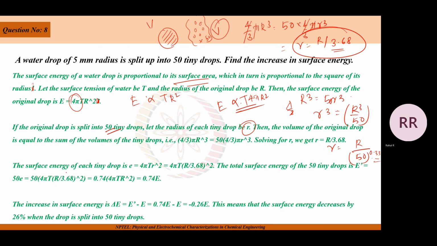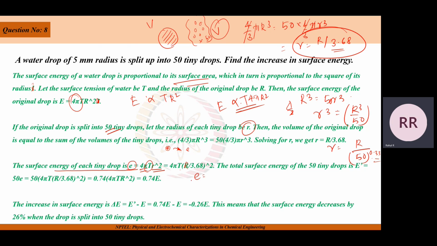Now, we can get the surface energy for each tiny drop. We have 50 tiny drops. The corresponding surface energy for one tiny drop, call it small letter E, is given by 4 pi r square into T. So this is nothing but 4 pi T, where small r can be written as R by 3.68, the whole square. So the total surface energy of the 50 drops is 50 E. Let me write this.